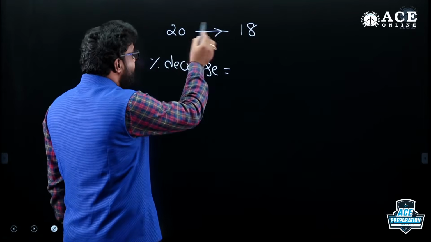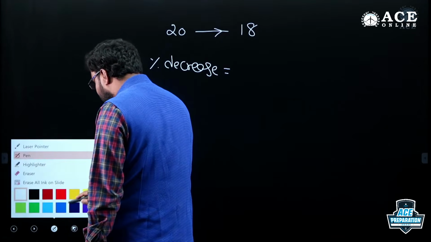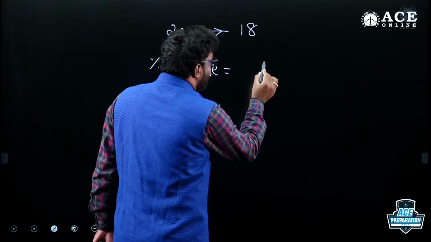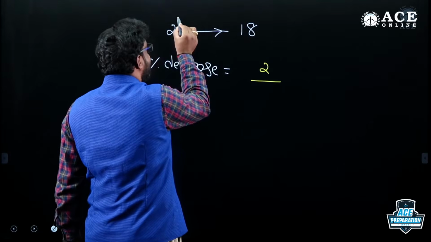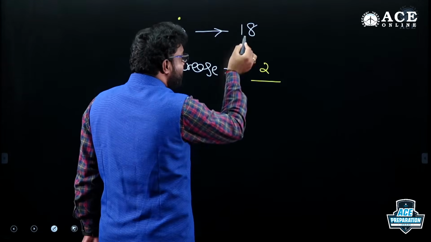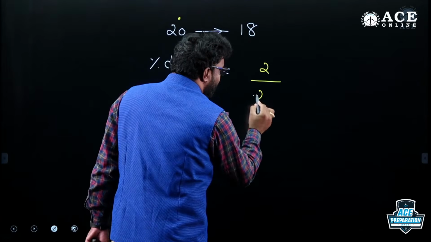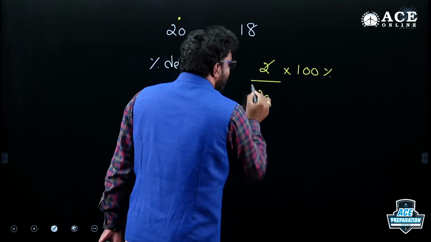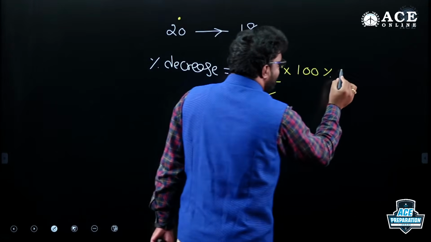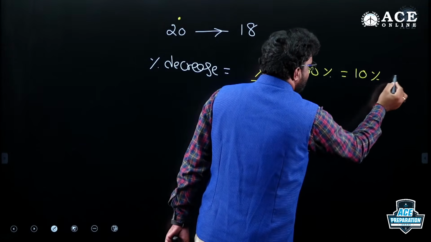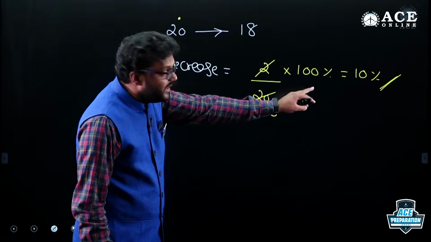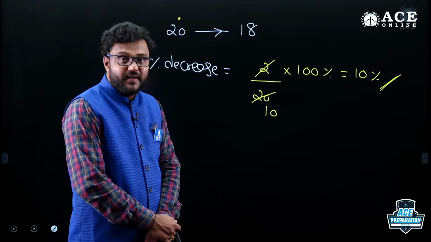How much is it decreased? 20 becoming 18 means it's decreased by 2, but we have to calculate with respect to the initial value only. Divide by 20 into 100, meaning it is a 10% decrease.